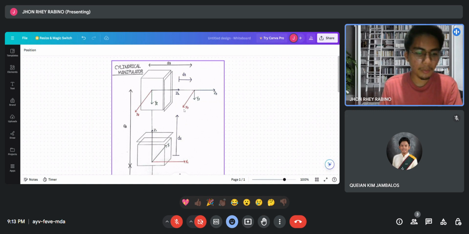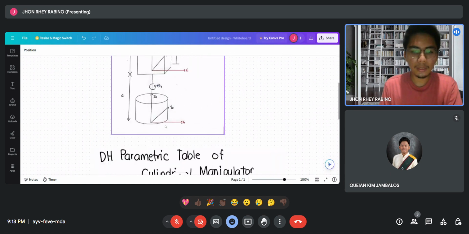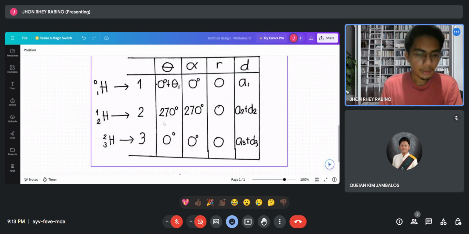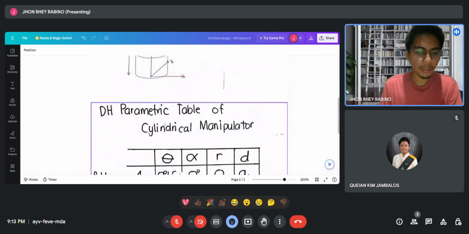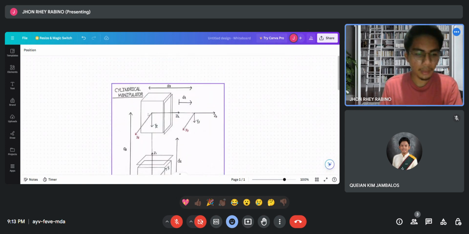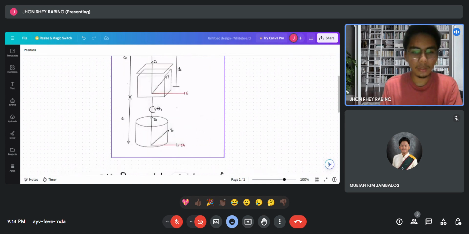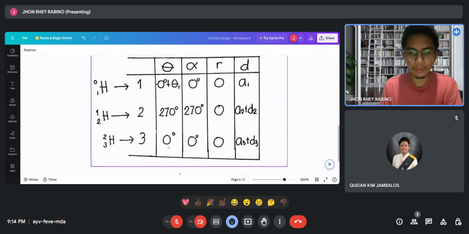We align x sub 2 with x sub 3, which are already in the equal direction since this joint is prismatic. There may be no rotation needed. For this reason, the theta is 0 degrees.